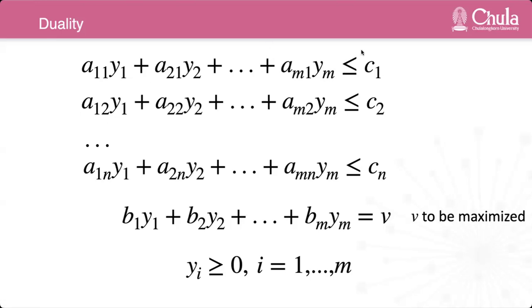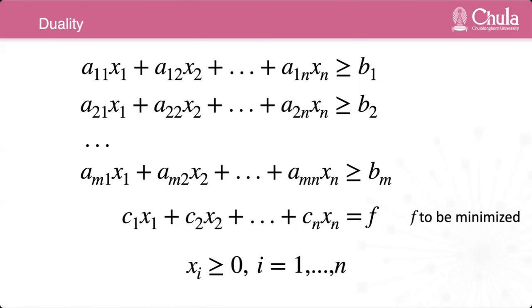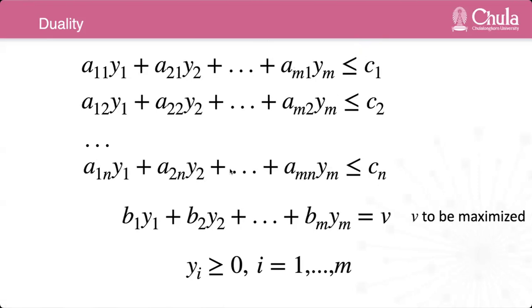And you see the constants at the right-hand side, C1, C2, Cn in this problem are the coefficients of the objective function in the original problem. Okay. And you see the right-hand side constants in this original problem are the coefficients of the objective function of the duality.